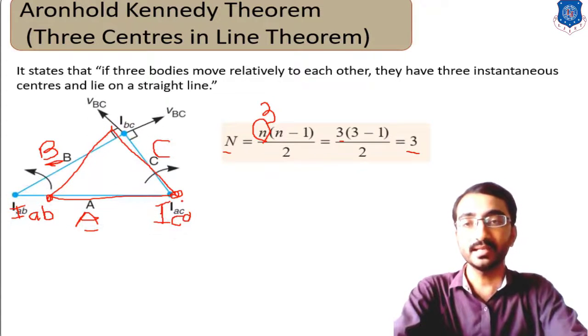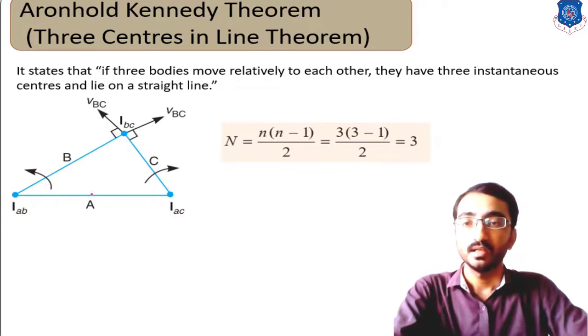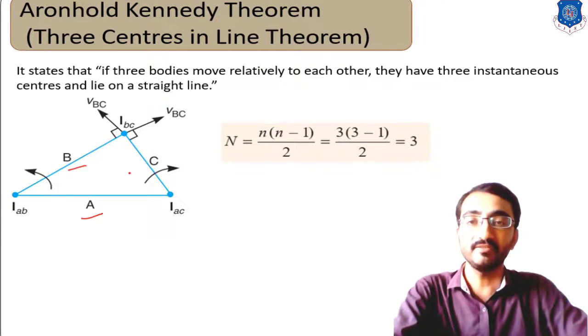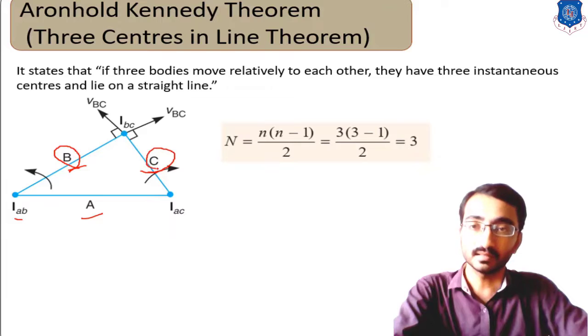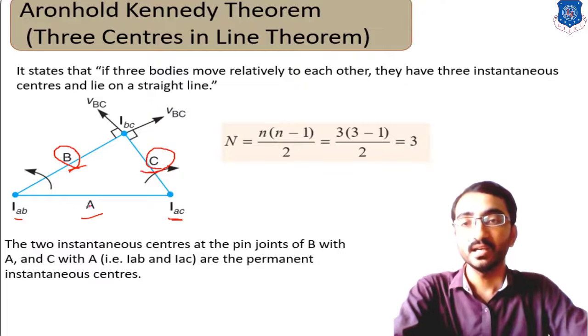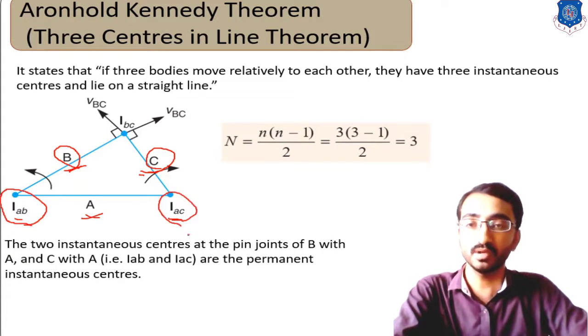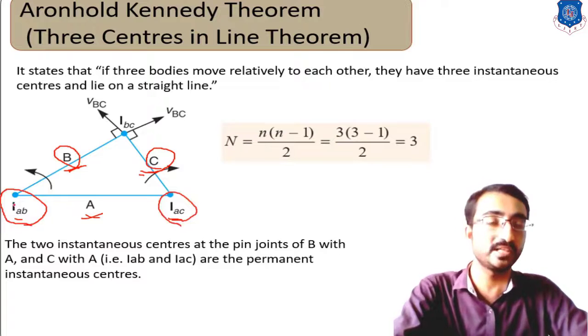So we can simply identify that for links A, B and C, IAB will be located at point B and IAC will be located at point C. A with respect to B and C gives us two instantaneous centers, IAB and IAC. These will be permanent as they are pin joints.